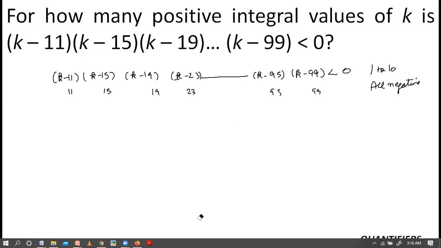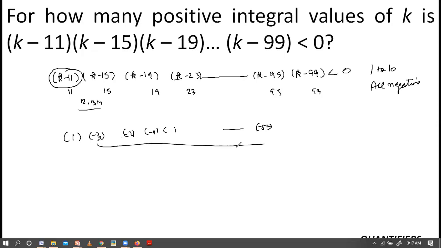Second, now obviously these critical points will produce 0. So critical points are already excluded. Now I have to find a pattern of the values which are between them. Between them as in, if I will put any number like 12, 13 or 14, can I say my first bracket is going to be positive? For example, 12 minus 11 is 1, and the rest of the brackets, which are 22 brackets, are going to be negative: this is minus 3, this is minus 7, this is minus 11, and so on, minus 87.